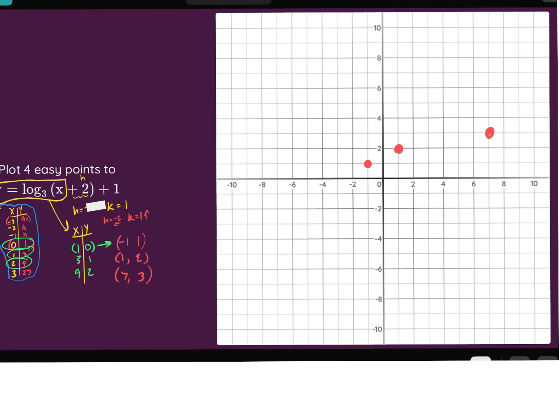So if you were graphing, you would have an asymptote right here at negative 2, which means that your graph would infinitely approach but never actually touch. So that's what your graph would be if you were graphing it on paper. But for this quiz, all you need to do is plot these 3 red dots, and you should get full credit. But I guess it's important to talk about the comparison of exponential growth functions and logarithmic functions.